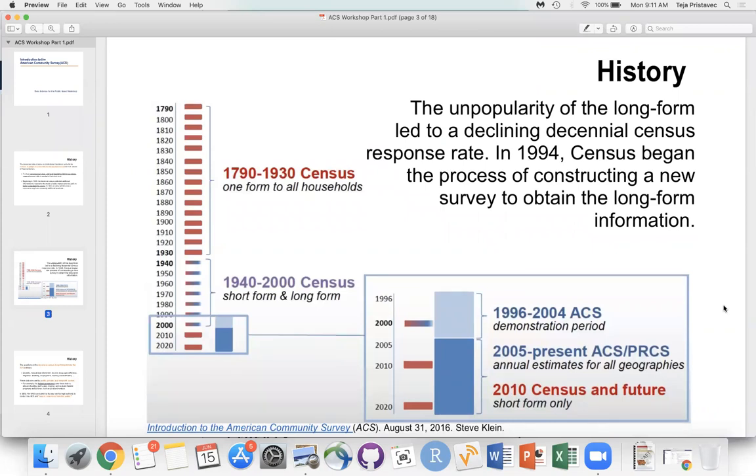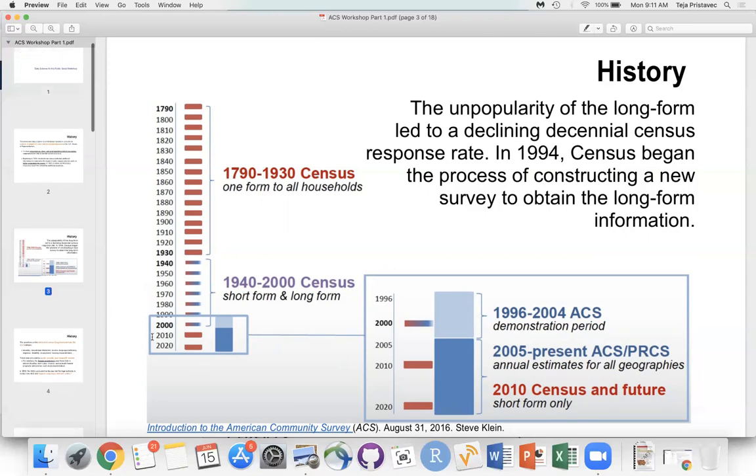So these particular numbers here, if you're not working on a project that's going back in time, might not be relevant to you, but if you're trying to track gender composition or percent population that lives in poverty, you might have to switch back and forth between census and ACS depending on the time period that you're observing. But basically, in this last couple of decades, you should be getting most, if not everything, from ACS.